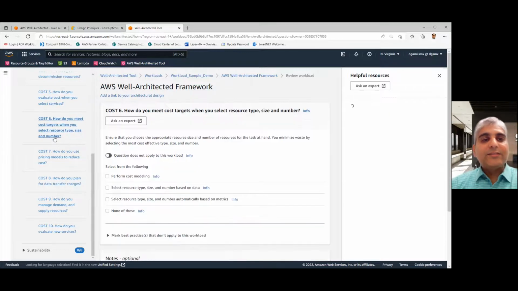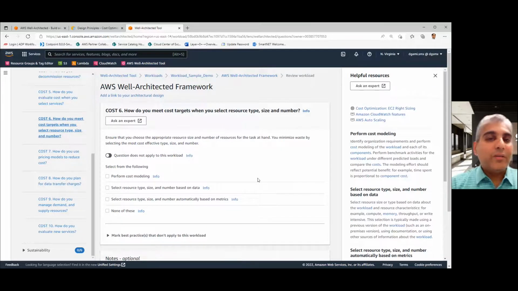All right. So the next question is around how do you meet your cost targets when you select resource type, size, and number? So making sure that you're choosing the right kind of resource size and type and even the number of resources that you need for a specific task.